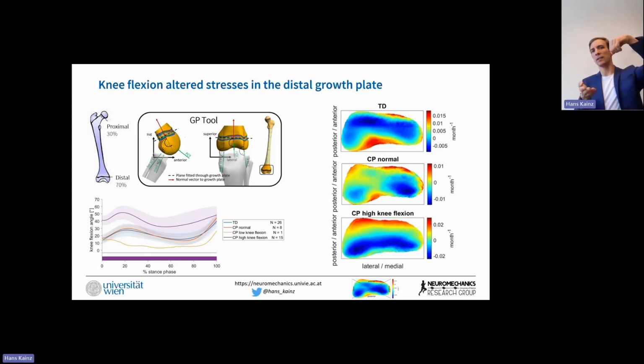And if you can imagine, if the bone only grows or grows more on the anterior region for a long period, this would lead to this anterior bending of the femoral shaft. So therefore, we also analyzed our MRI images of these participants, and we indeed found a significantly higher anterior bending in the CP children with a higher knee flexion, which is kind of in agreement with our simulation result.